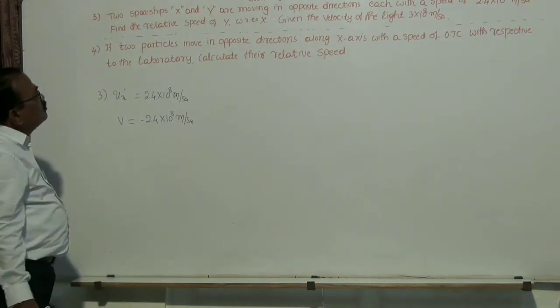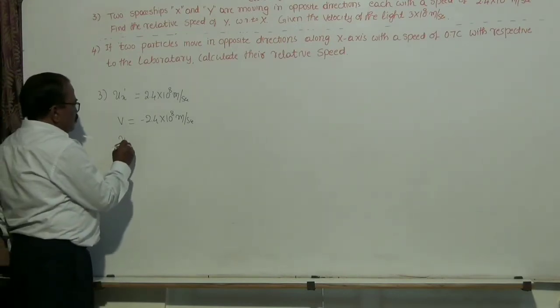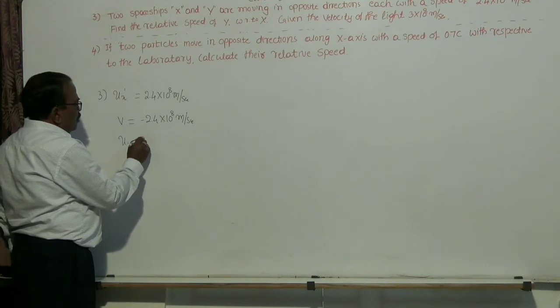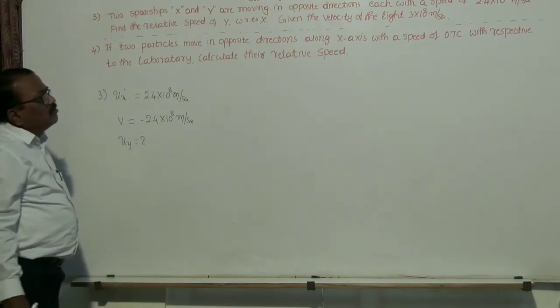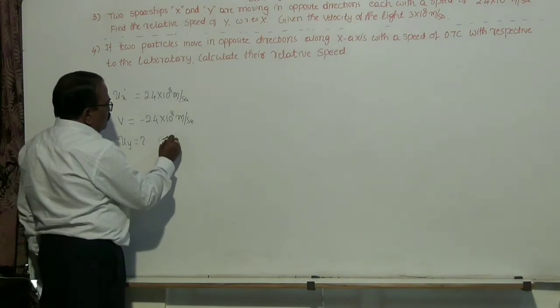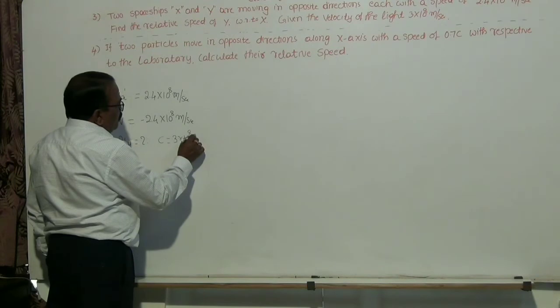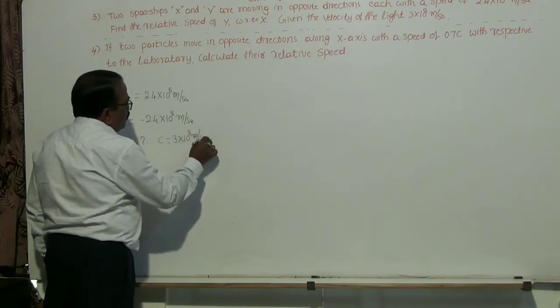Find the relative speed of y with respect to x. That means they have asked to find out what is uy. Given that velocity of the light, that means c is equal to 3 into 10 raised to 8 meter per second.